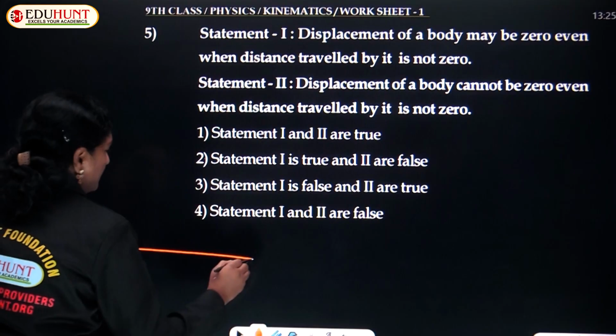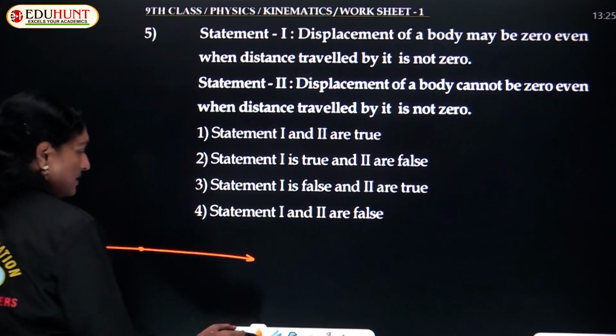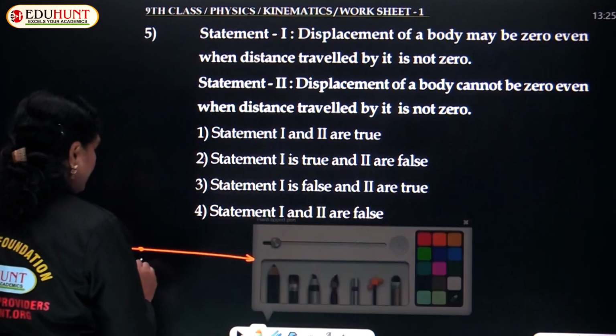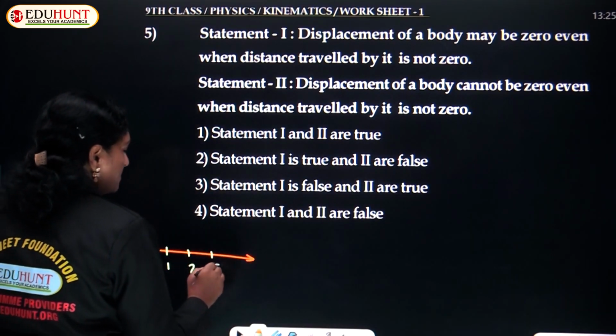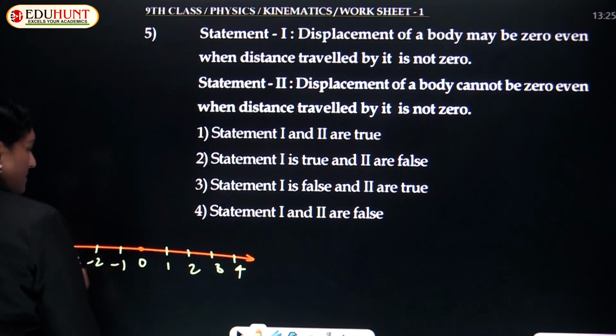How? So, consider a one-dimensional axis on which let us plot some values 0, 1, 2, 3, 4, something like that, -1, -2, -3, and so on.